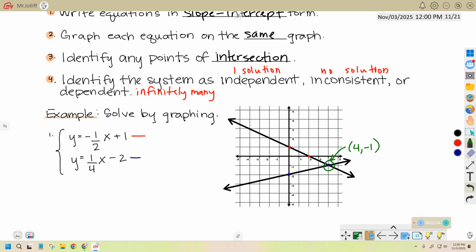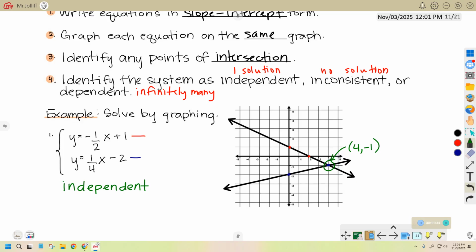Independent. One solution means independent. Good. Perfect. Solution of 4, -1, system is independent. All right, there's another example on the next page.